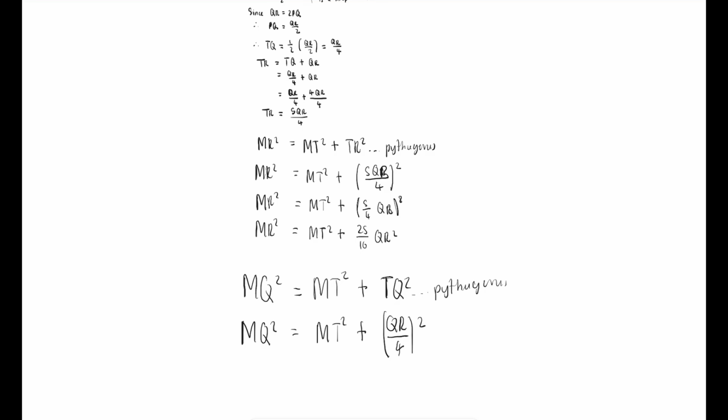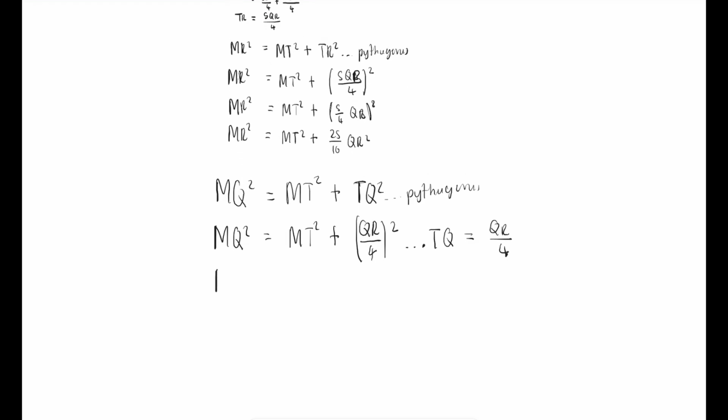Why? Because my TQ is equals to QR over 4. And this is going to be MQ squared equals to MT squared plus QR squared over 16.